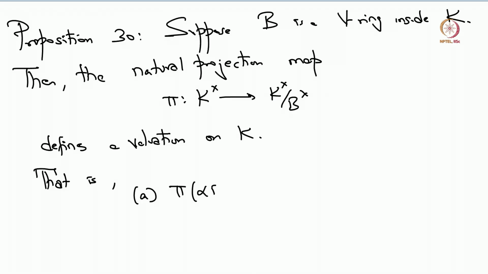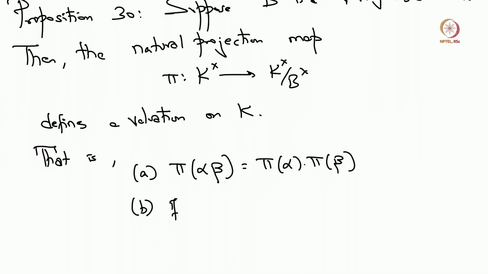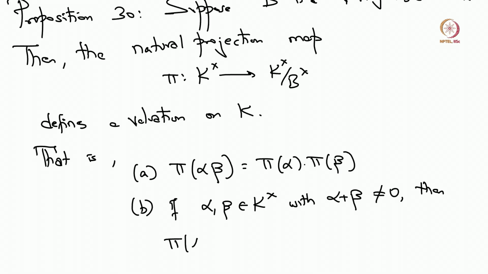Pi of alpha beta is pi of alpha times pi of beta, and if you have alpha, beta in K cross with the property that its sum is not 0, then pi of alpha plus beta is larger than or equal to the minimum of pi of alpha and pi of beta.